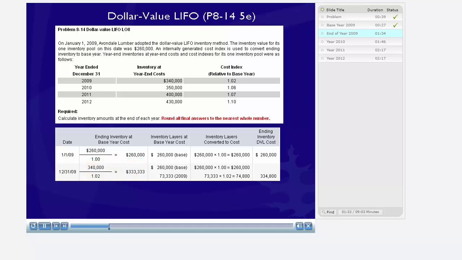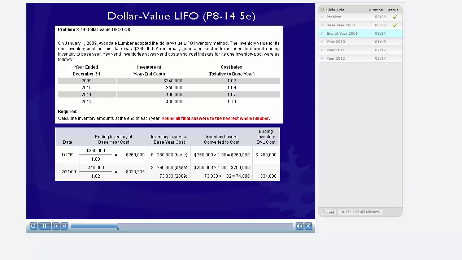Now, when we compare the ending inventory at base year cost to the inventory layer at the base year cost from the year before, we see that we've had an increase in our layer of $73,333. That's our increase in layer for 2009.